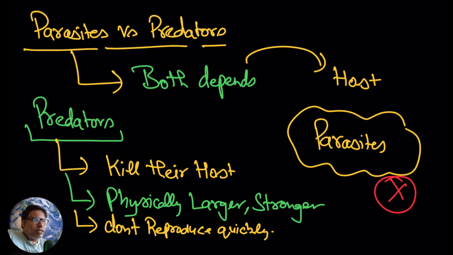Parasites are smaller, not physically larger or stronger, and they multiply at a faster rate, while predators generally don't reproduce quickly. So this is the difference between parasites and predators.